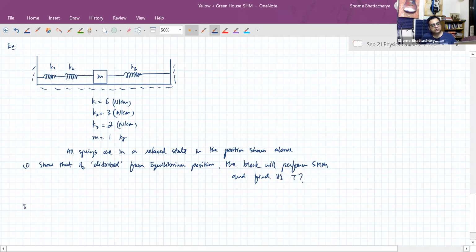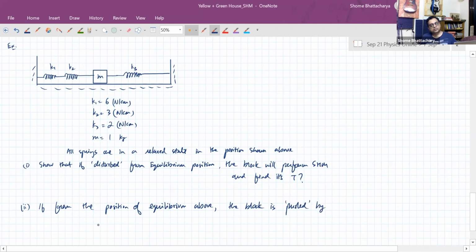And the second thing is that from the position shown, the block is pushed by a sharp impulse.